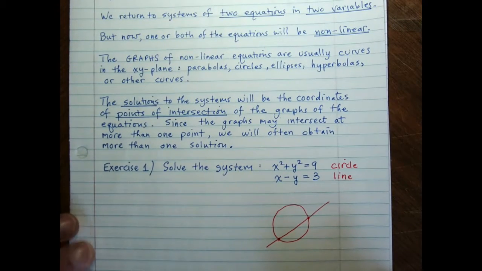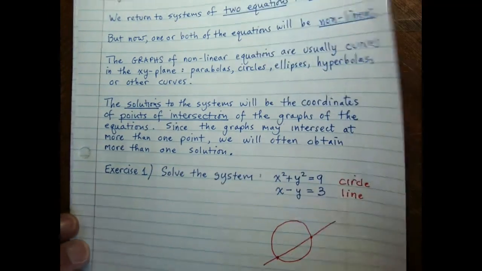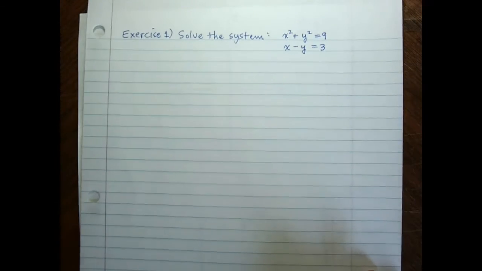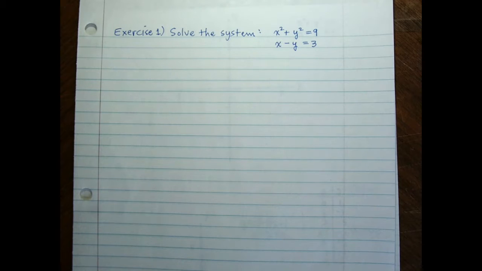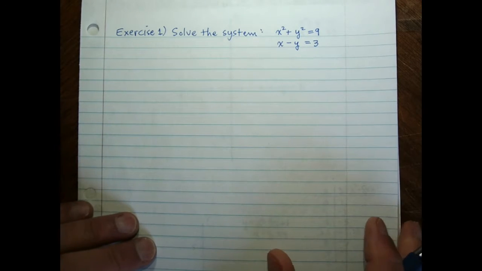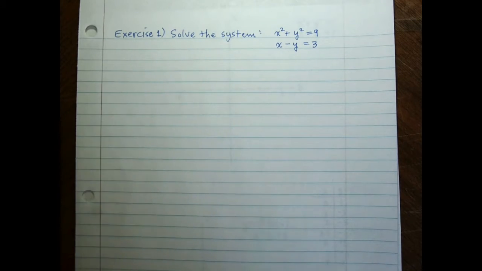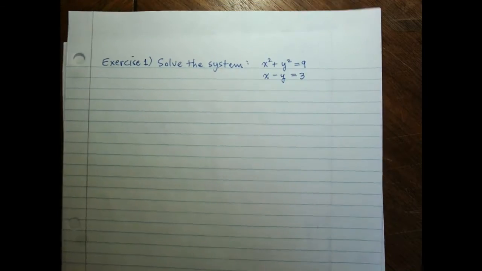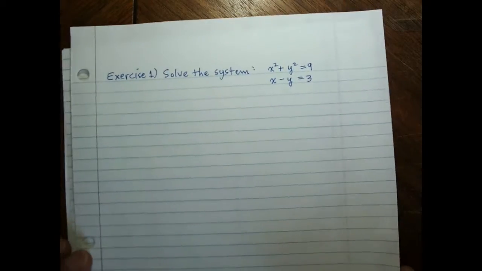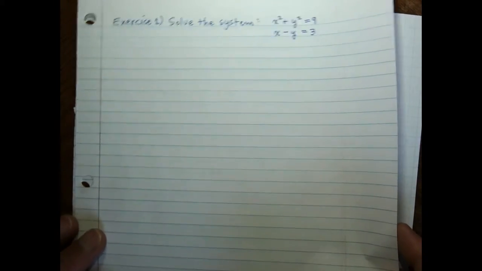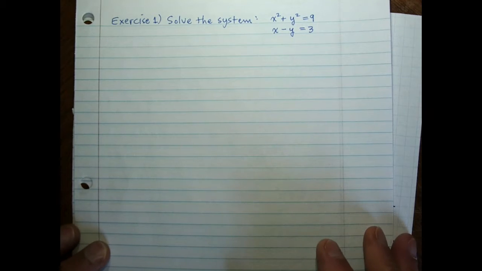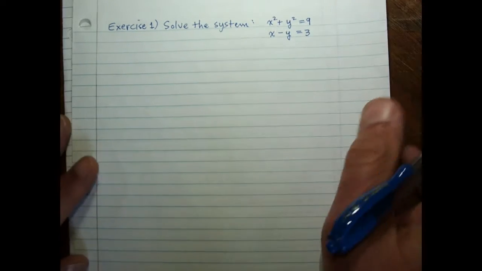So let's go ahead and get started on this exercise. I'm going to start on a separate sheet here. So our main strategy in solving these nonlinear systems is going to be based on the substitution method.